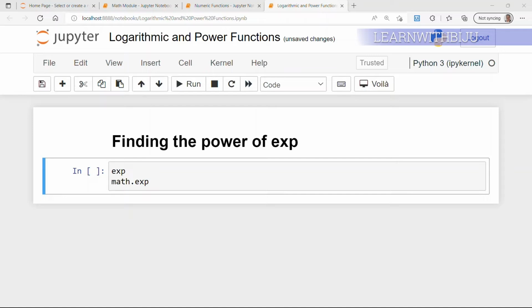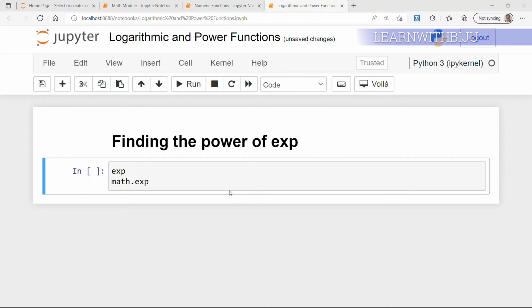The exponential function exp of x calculates the value of e to the power of x, where e is the base of the natural logarithm, 2.7182818288. Okay, what is that?